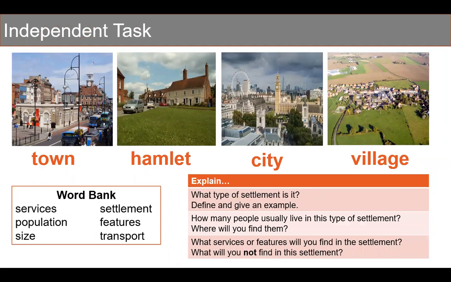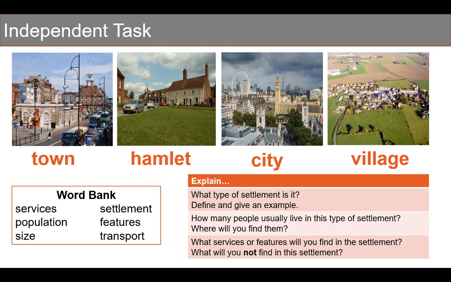Okay, so another independent task. On your sheet, you've got section 3 of your activities. You've got some questions to answer. Question 1 is what type of settlement it is. I want you to define what a town, a hamlet, a city, and a village is, please. I want you to then tell me how many people usually live in this type of settlement. You need to tell me where you would find them.